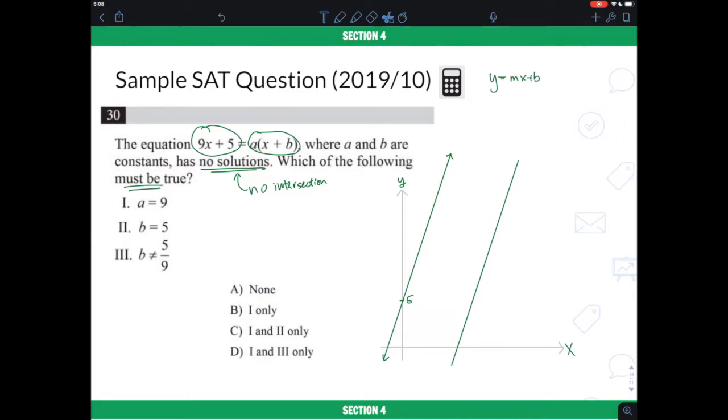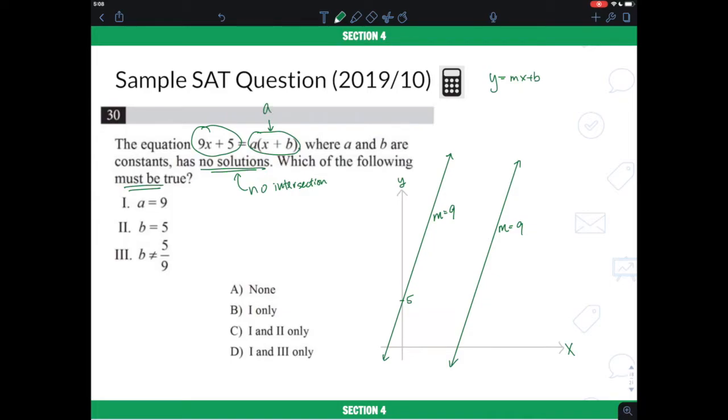Okay, so one thing that we know for sure is that for the left line right here, which is the given, the slope is 9. And since we said that the two lines must be parallel, this slope must also be 9. Now, to help you see this a little bit better, we would like to distribute the a into the parentheses so that you can see a little bit better.